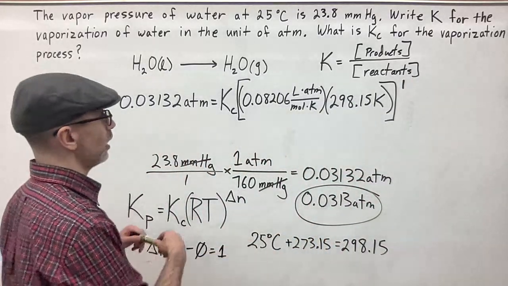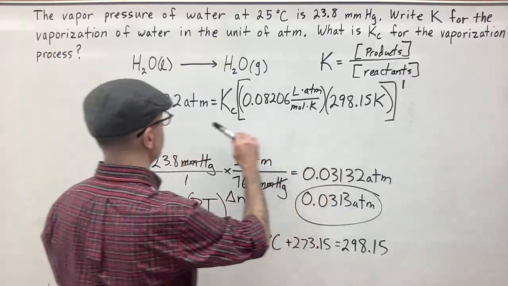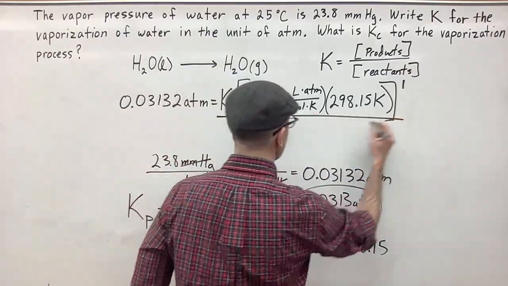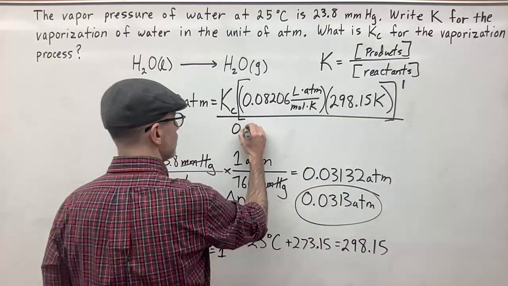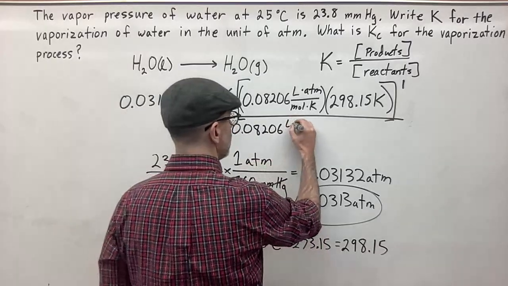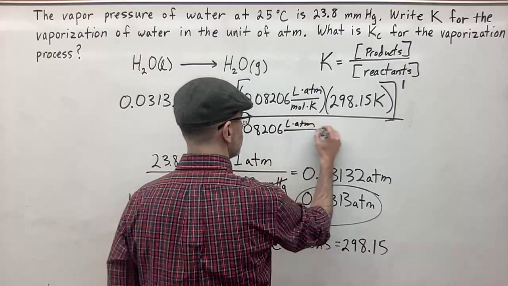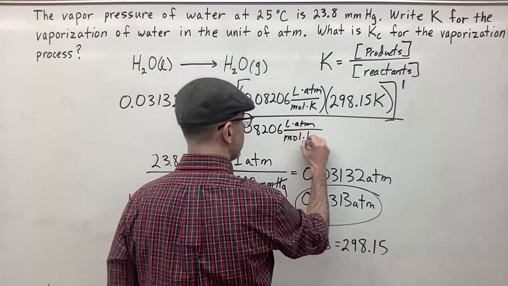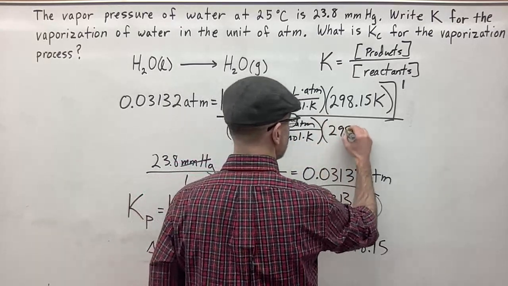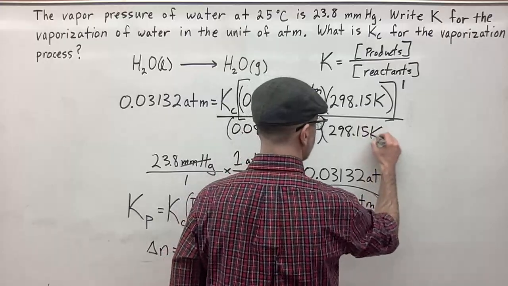Okay, so now all I need to do is multiply and divide. So I divide this by 0.08206 liter atmospheres over mole Kelvin, and I'm going to divide by 298.15 Kelvin here.